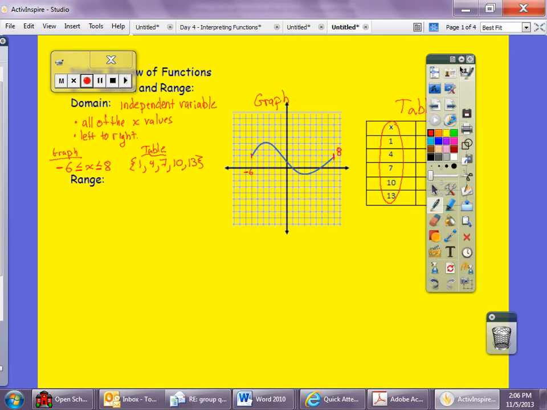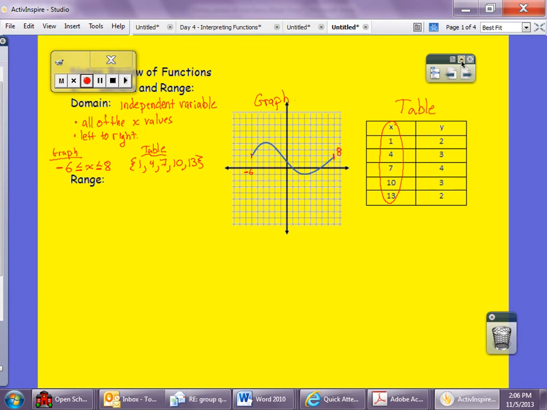And now we can look at the range. We know that the range is the dependent variable, and the range is all of the y values. It goes from bottom to top.